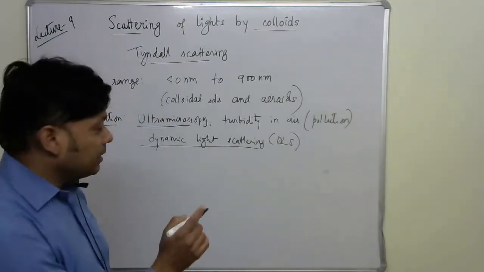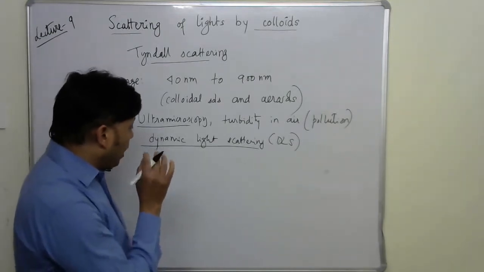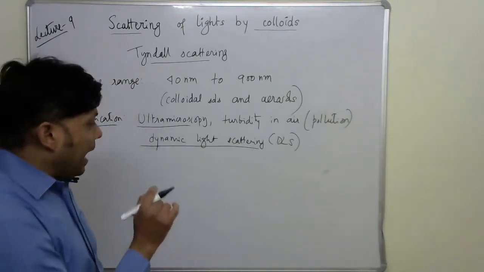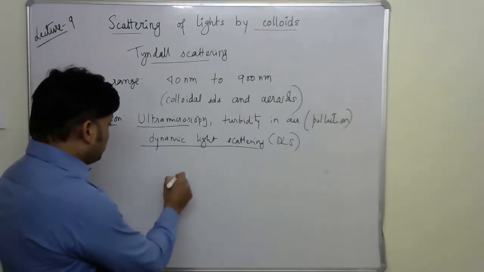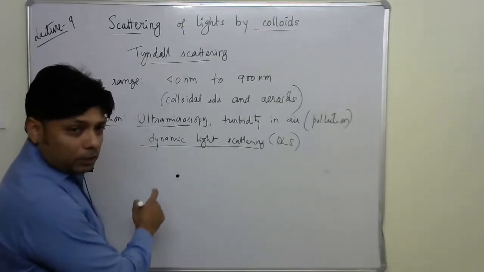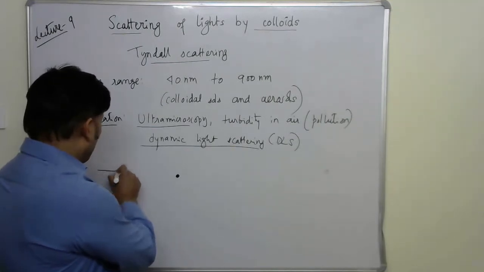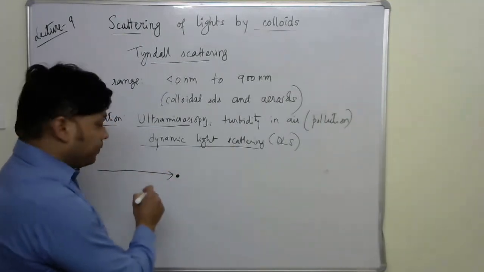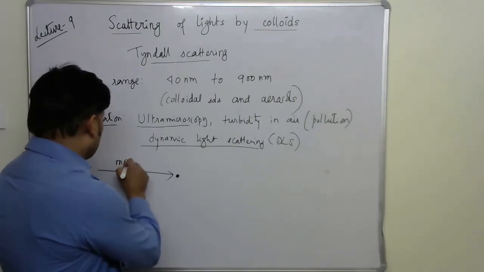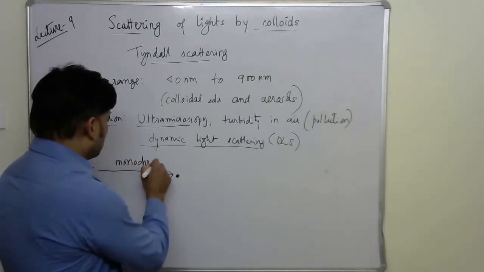So what's that? I will try to explain it in as simple a manner as possible. Imagine there is a particle, a colloidal sol, and this colloidal sol is excited with a monochromatic laser source.